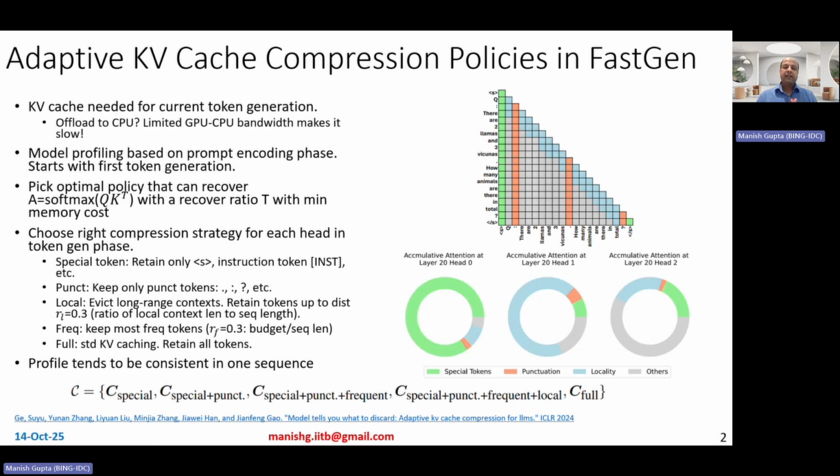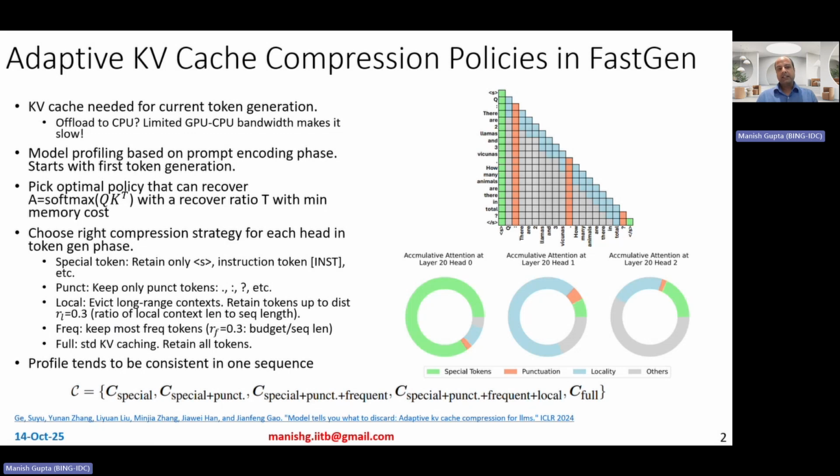More formally, the idea about model profiling is to pick an optimal policy for every head in every layer, such that the policy can help recover the entire attention map, which is softmax of QK transpose, with a recover ratio of T, where this ratio should be very high, something like 90-95%, with minimum memory cost.